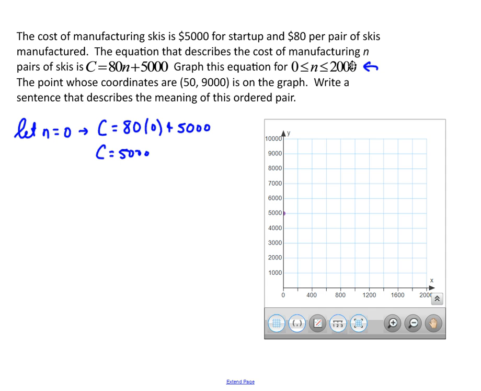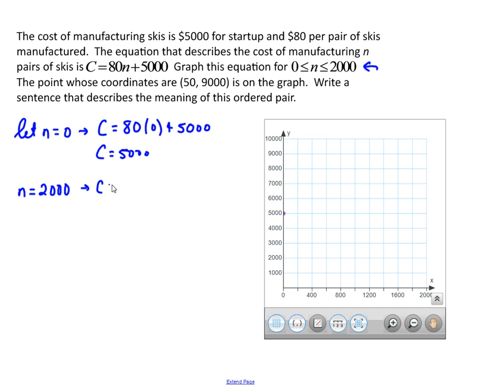Next, we need to find out what happens at 2,000. So we're going to use that point. If we let n equal 2,000, let's find out what happens.